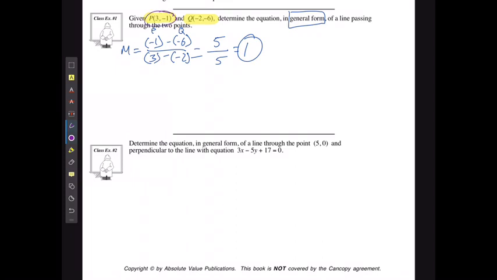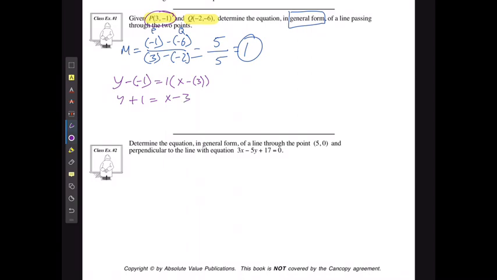I'm going to say that I have y minus y1, which is -1, is equal to my slope of 1, and then x minus x1, which is going to be 3. This is going to give me y plus 1, and when I multiply the 1 into both parts, I just have x minus 3.